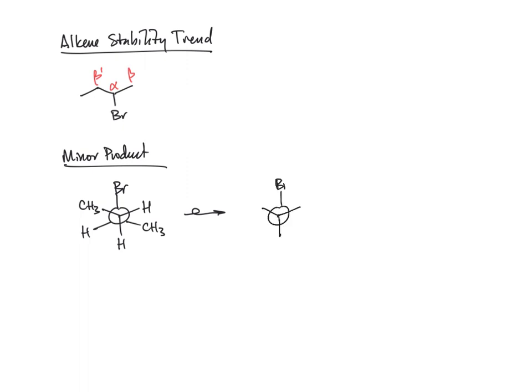I'm not changing the back carbon at all. The front carbon I'm going to rotate this way. This methyl group's going to go over here. This hydrogen's going to go down. This hydrogen's going to go over here.